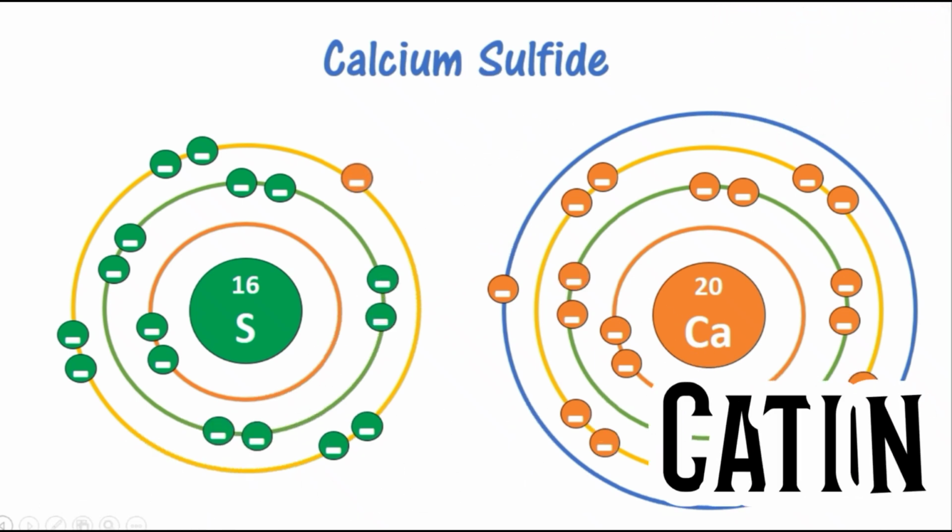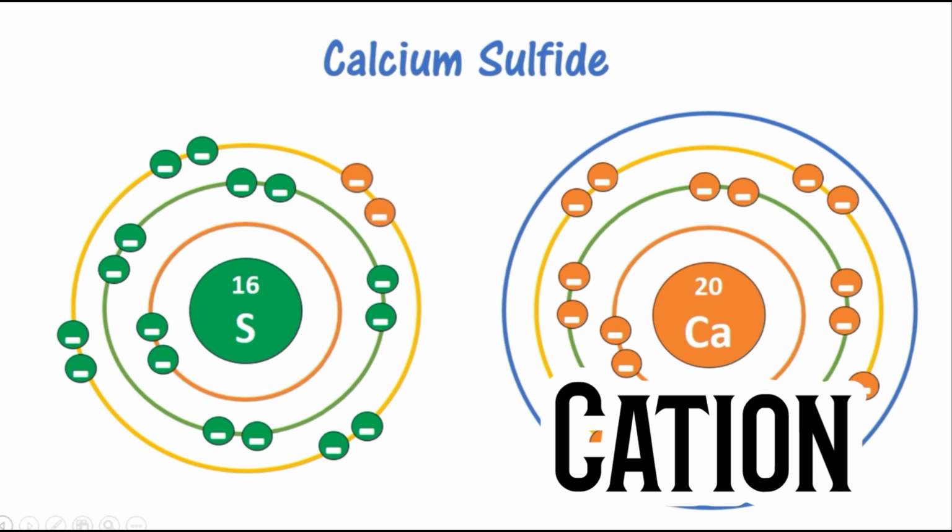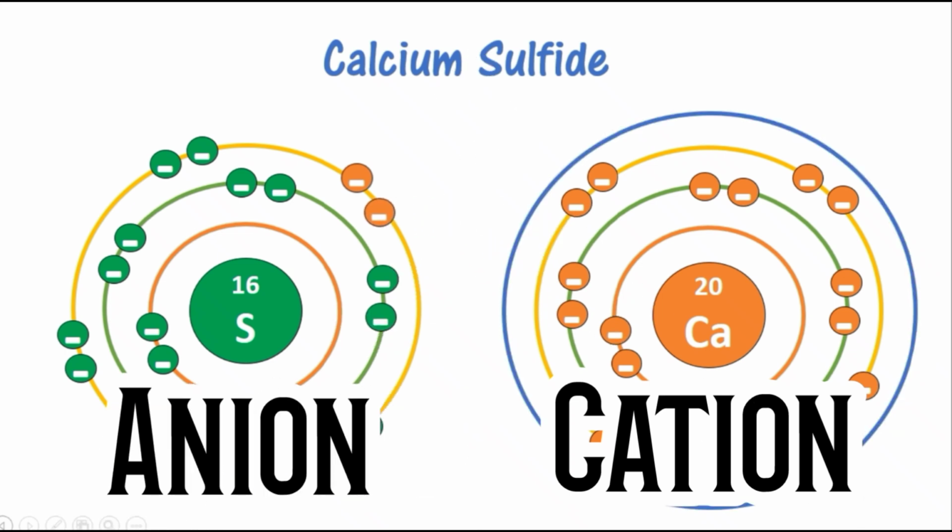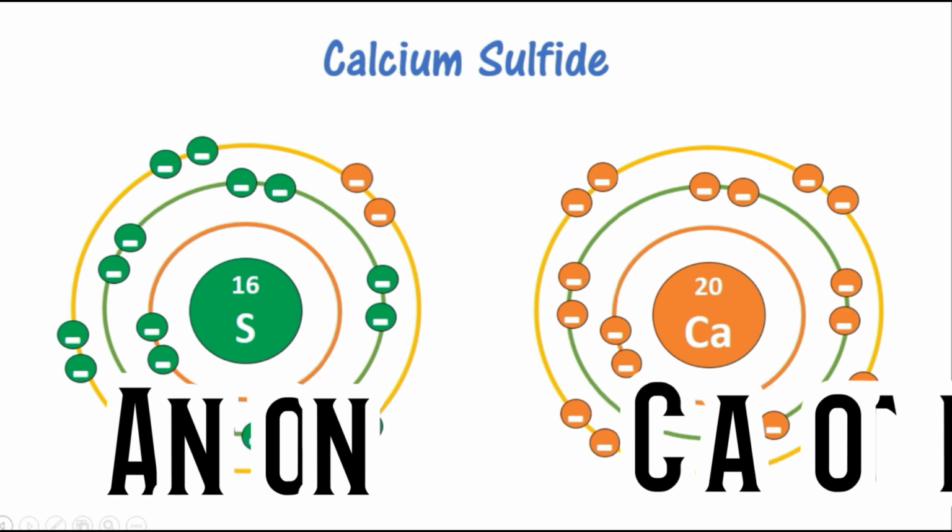For number 2, the answer is calcium is the cation while sulfur is the anion.